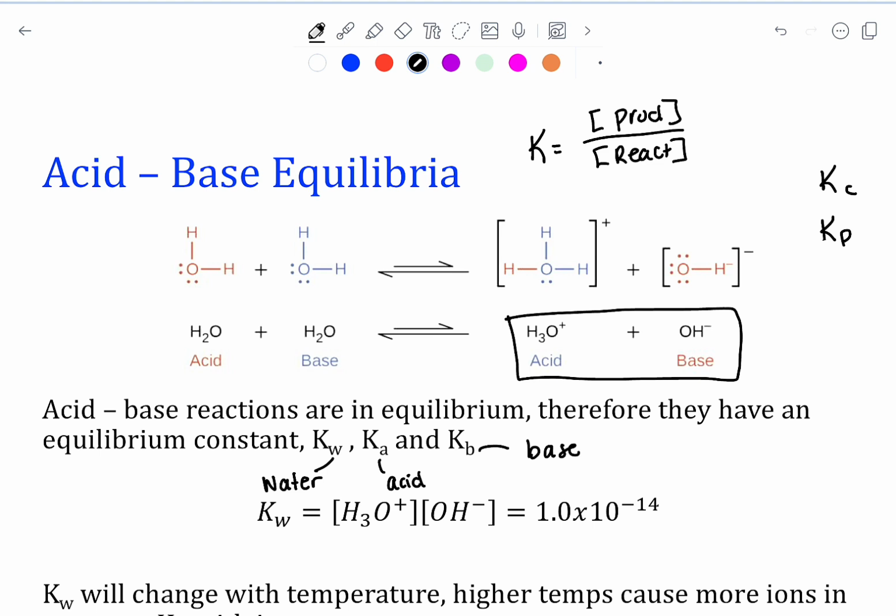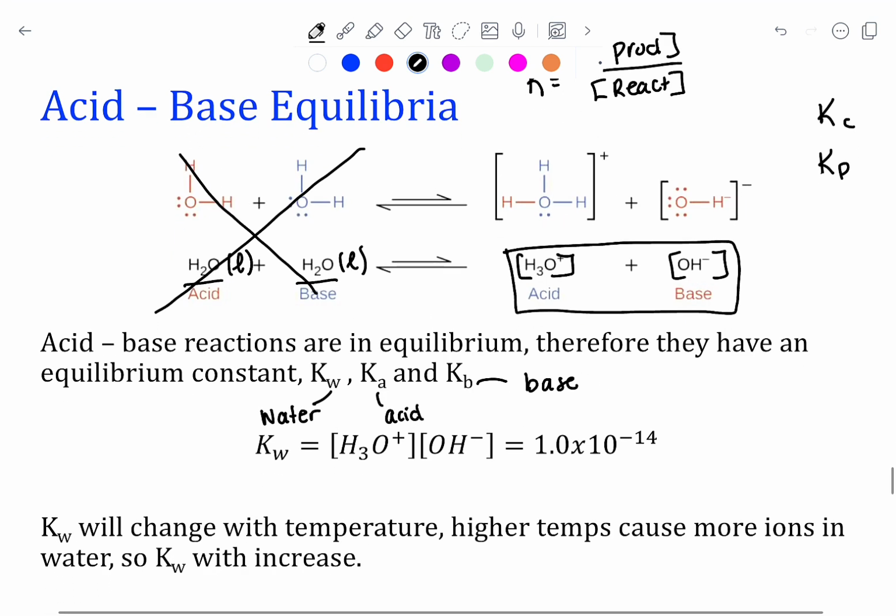In our reaction here, H2O plus H2O in equilibrium with H3O+ and OH-, our reactants are both liquid water, so we wouldn't even consider them for our equilibrium expression. The expression only comes from the concentration of the H3O+ and the concentration of the OH-. Therefore, Kw is equal to the concentration of H3O+ times the concentration of OH- ions.